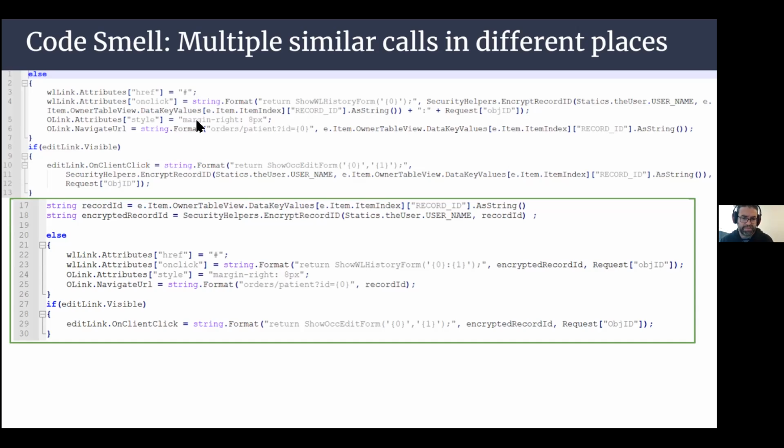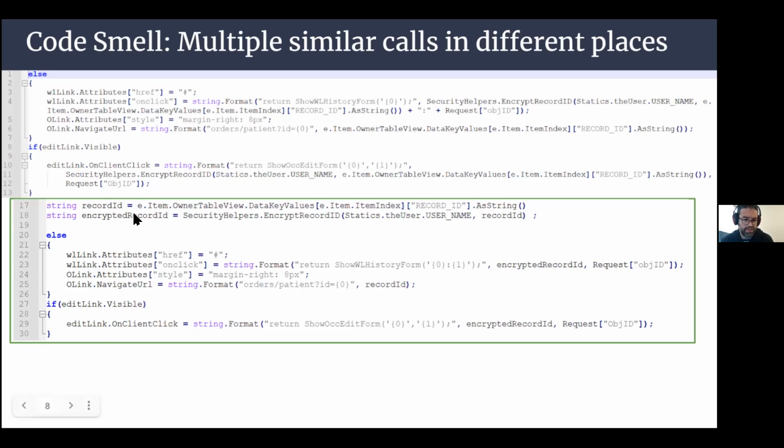So like I was saying, this onClick wasn't very clear about what it was doing. Now I can read here that this onClick is just formatting a string with 2 values. In here, encrypted record ID just became encrypting the username using the record ID above. Also the same again here.